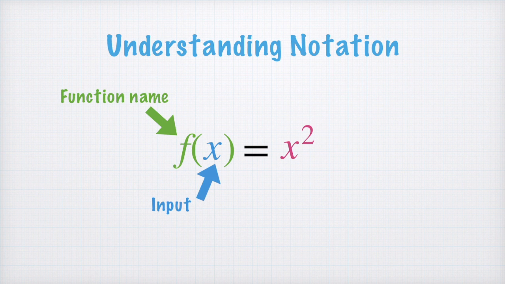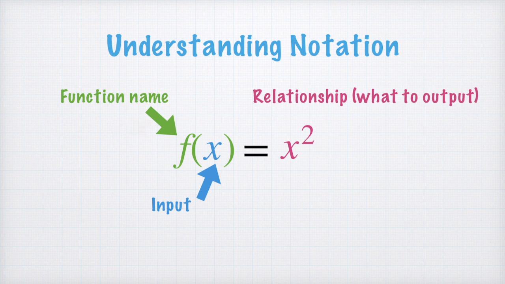Our input is the stuff inside the parentheses. That's what we're putting into our function. And our output, or relationship, is going to be what's on the other side. So f of x is actually saying this function is a function of x.